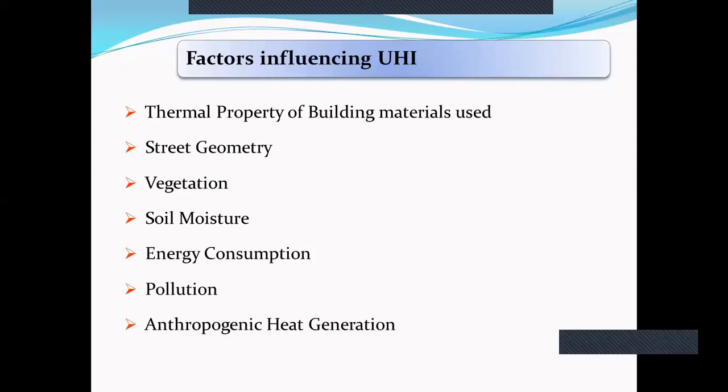Energy consumption. Elevated summertime temperature in cities increases energy demand for cooling, which further enhances UHI intensity. Pollution. Higher temperatures can increase energy demand, which generally causes higher levels of air pollution and greenhouse gas emissions.